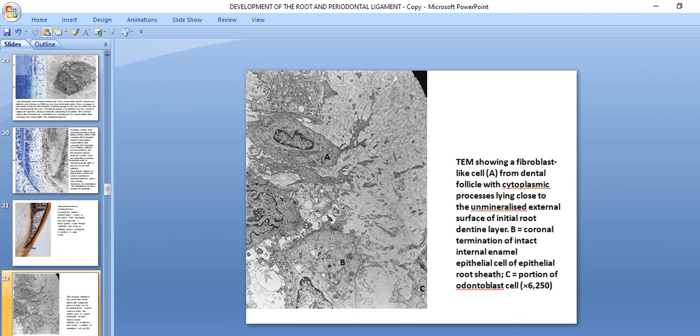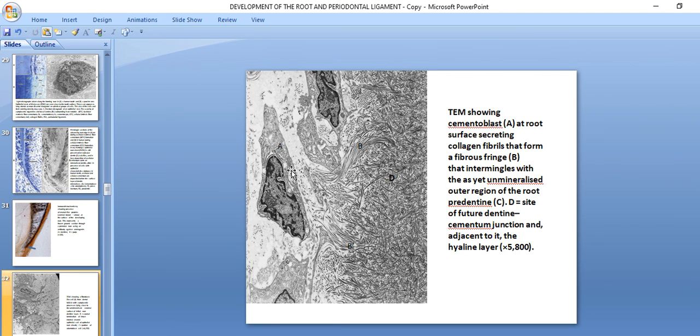Here you can see the coronal termination of intact internal enamel epithelial cell of epithelial root sheath, and also a portion of odontoblasts.